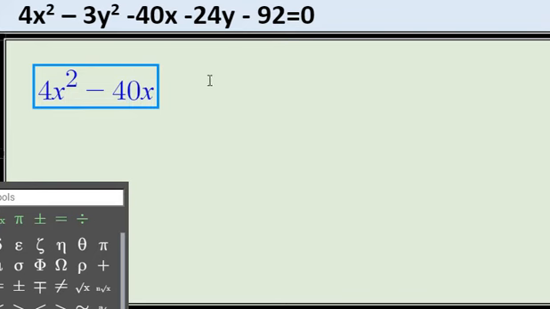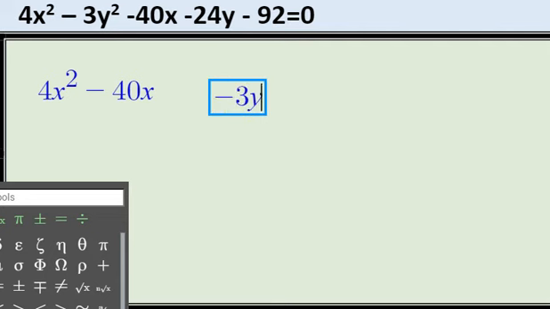So there's my x terms together. For the y terms, I have negative 3y squared minus 24y.